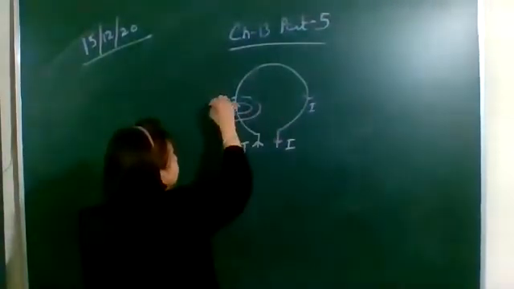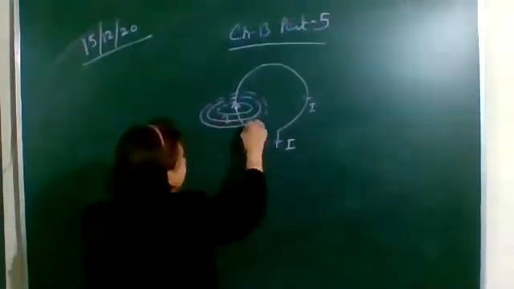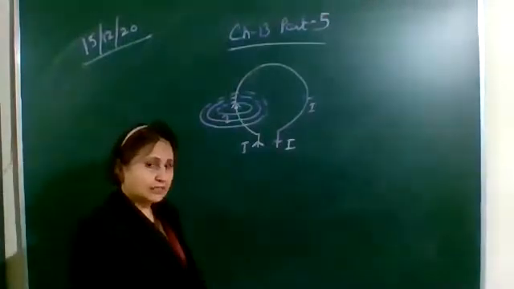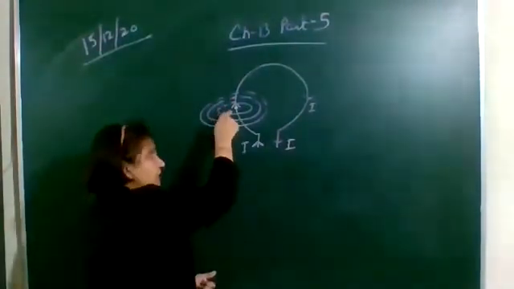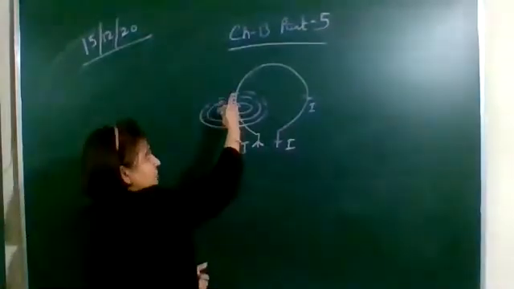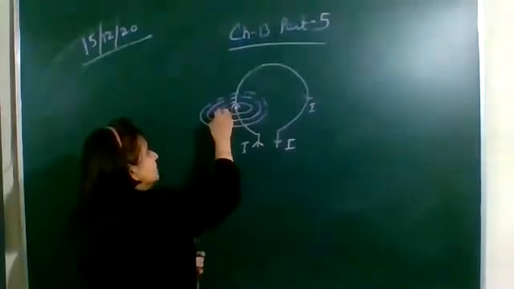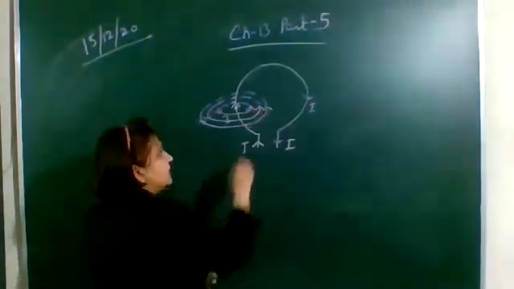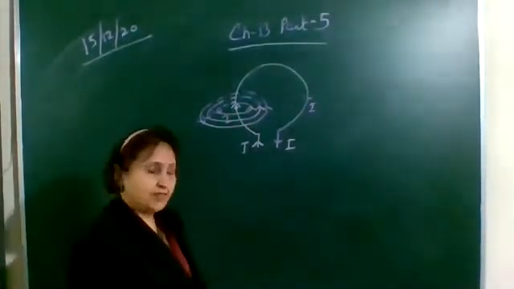Now we draw the direction of the magnetic field lines using the right hand thumb rule. This is the current moving in the upward direction at this particular point, and the magnetic field lines will be along this direction using the right hand thumb rule. So these are the directions of the magnetic field lines.